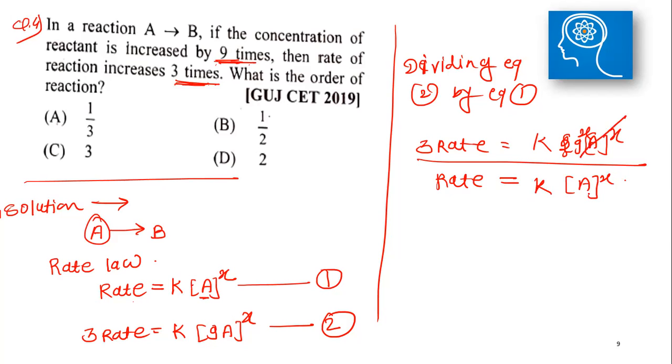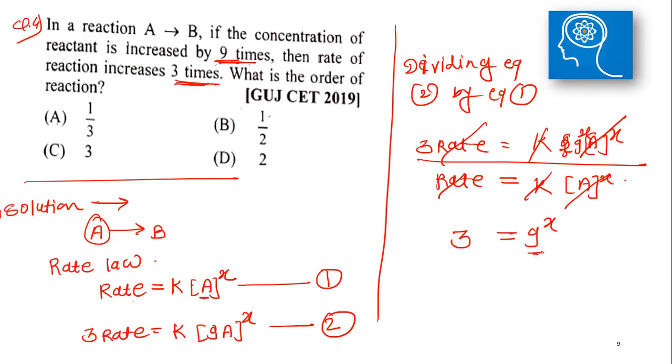So concentration of A to the power x, concentration of A to the power x get cancelled. K cancel out झाले. Rate cancel out झाले. So here 3 आहे equal to 9 to the power x. Okay. So 3 is equal to 9 to the power x.